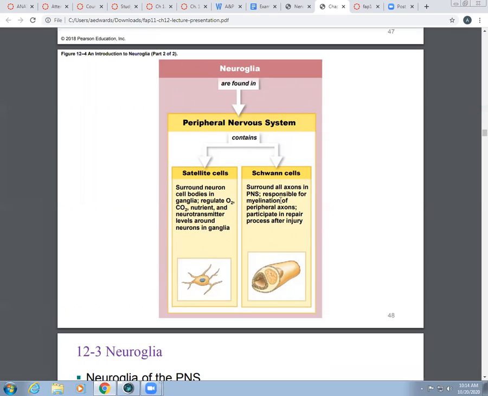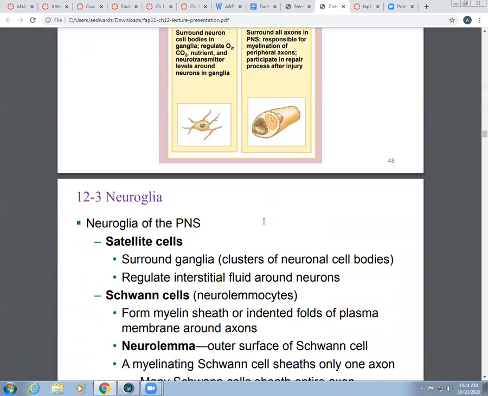Now the Schwann cells are going to surround all of the cells in the peripheral nervous system, and they help myelinate the peripheral axons. They're also going to help participate in repair if you have an injury in your peripheral nervous system. Satellite cells and Schwann cells.